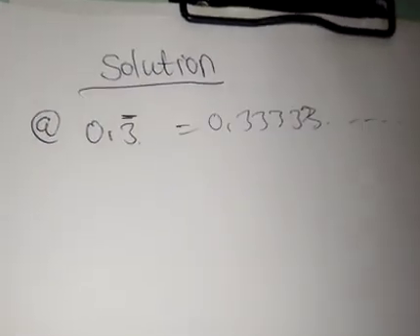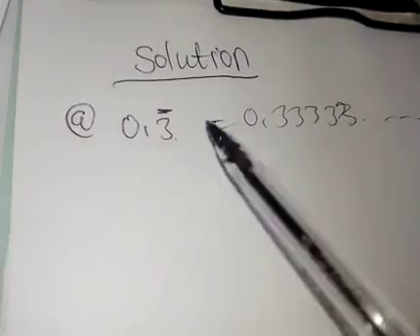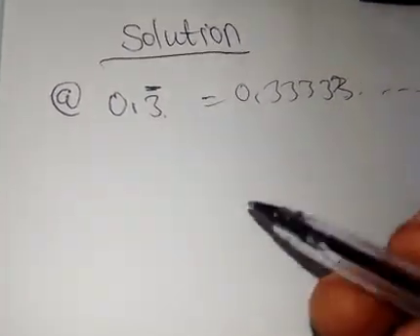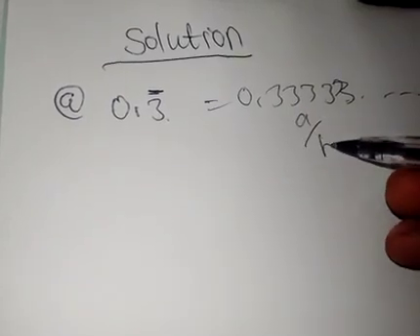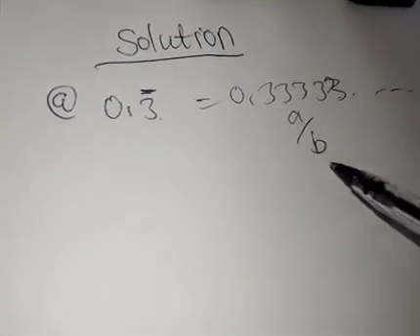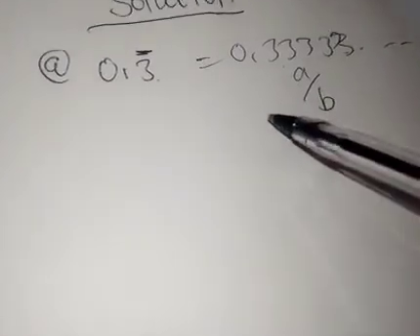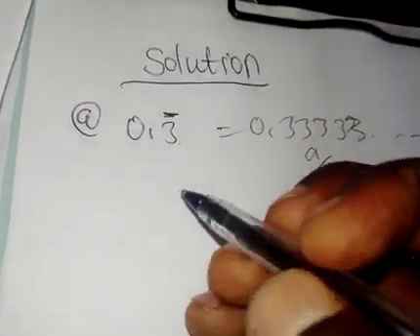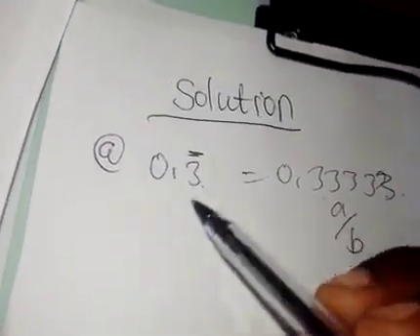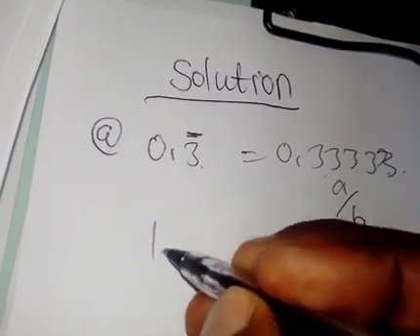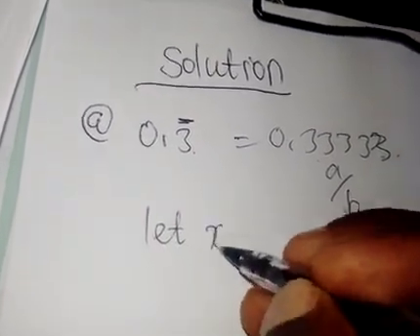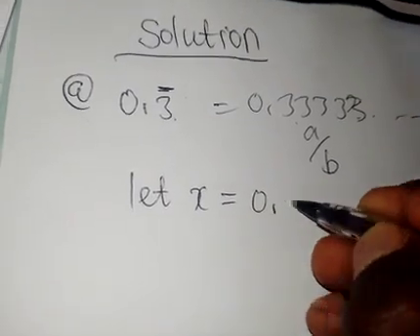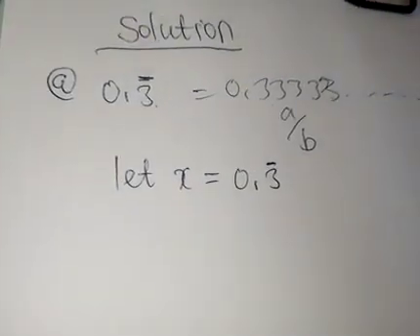Now how can we convert this to the form A over B? So to do that, just pay attention. The first thing, you take what you have been given. You say let x be equal to 0.3 with a bar on top.